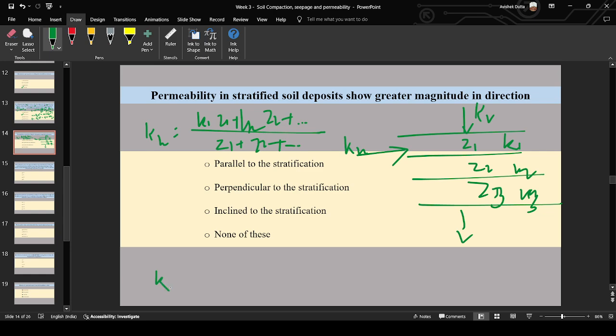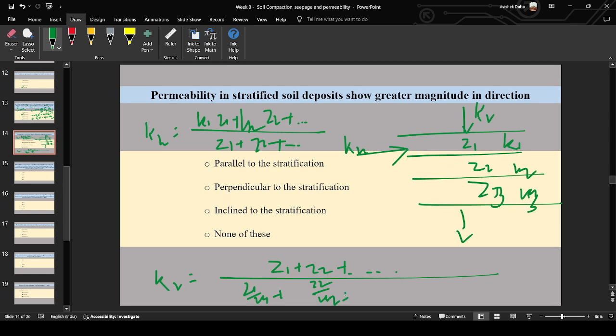Now KV is the harmonic mean. We write the total thickness in the numerator, divided by the ratio of Z by K: Z1 by K1 plus Z2 by K2 plus up to n.